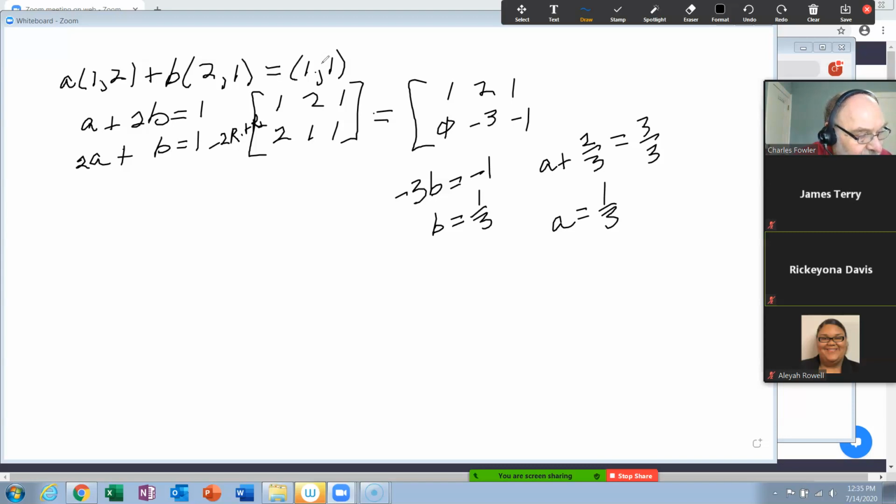That approach is valid because the matrix operations of addition and scalar multiplication give the same results as the corresponding vector operations. That is, if you add column matrix u to column matrix v, you get u plus v. Exactly the same. Or if you add row vector u to row vector v, you get row vector u plus v.